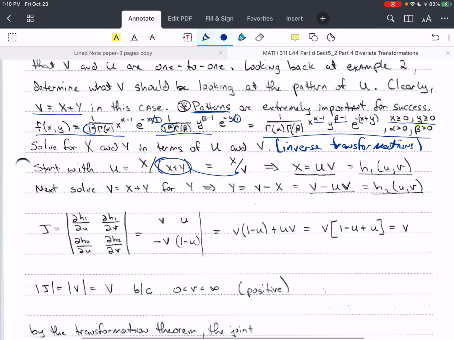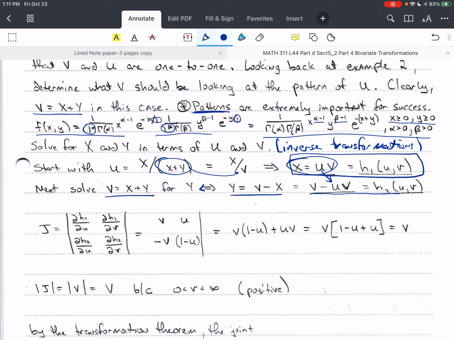And then when we solve for x, we multiply both sides times v, and we get that x is equal to uv, and that is our h1 of u and v. Next, we're going to solve v equals x plus y for y. We need an expression for y, and I can say if and only if here. y is equal to v minus x. Now I will substitute in that x is equal to uv, and I have v minus uv equals h2 of u and v. I can also write this as v times 1 minus u, which may come in handy.